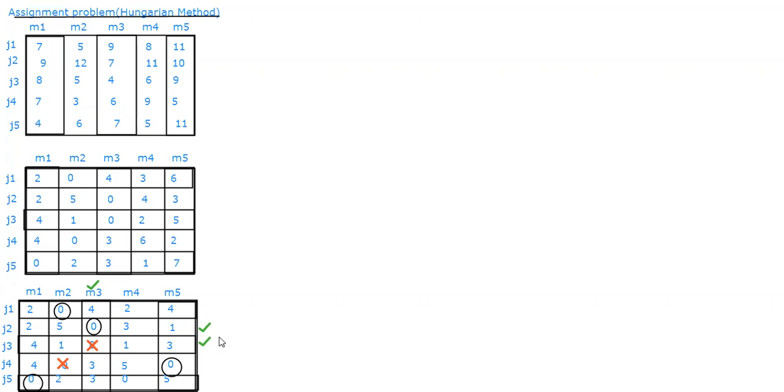Now what we are going to do is mark the column which has been ticked, but row-wise I'm not going to do it. The things which have been marked we will leave, and the other things we just mark like this. We are selecting it.